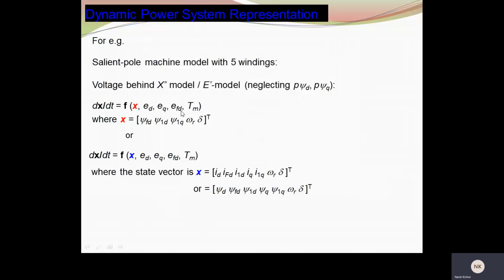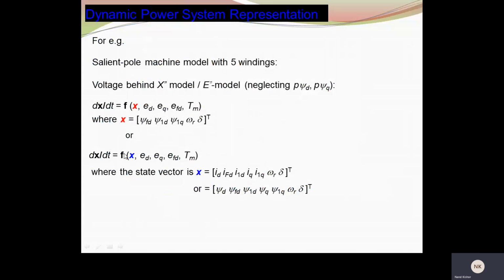These are the voltages, and then the turbine power. The state x is a vector which will have the state quantities of the salient pole synchronous machine in terms of the flux, which is the main field flux along the d axis, then the damper windings axis, and so on, and also state variables related to the angular frequency and the rotor angle.